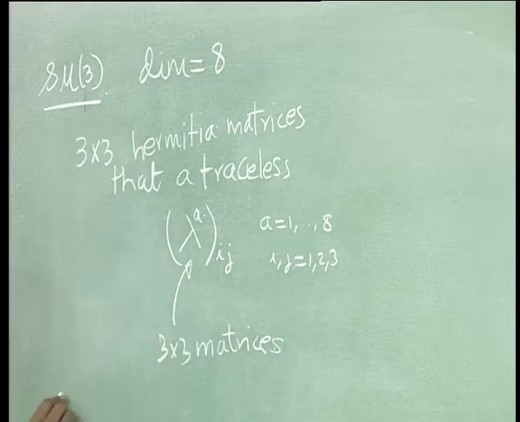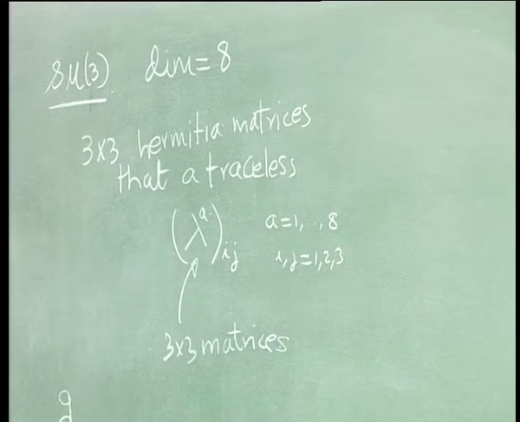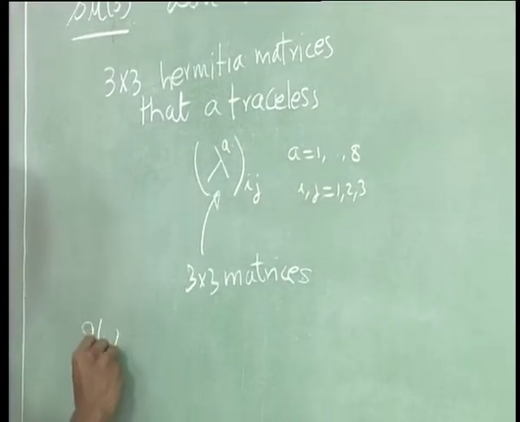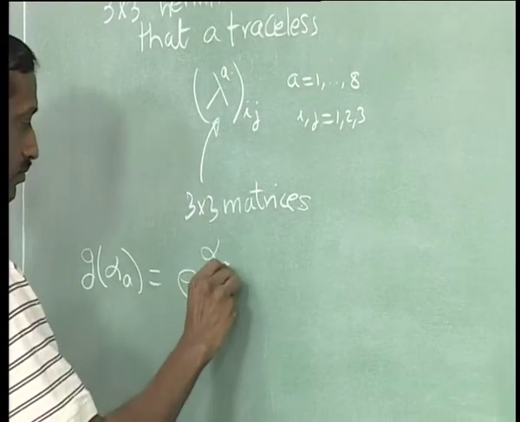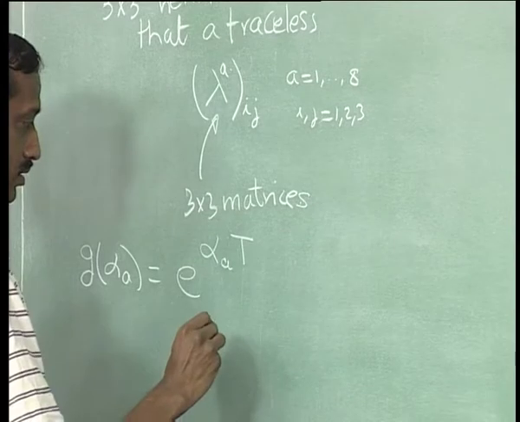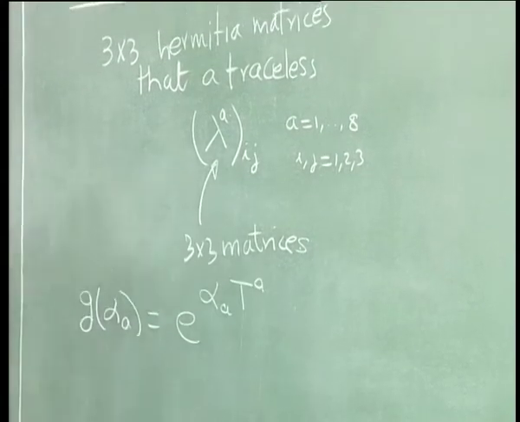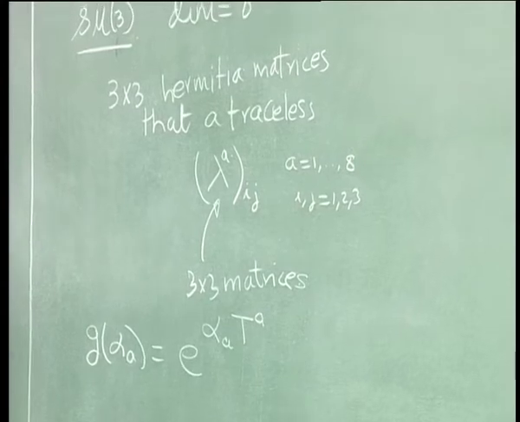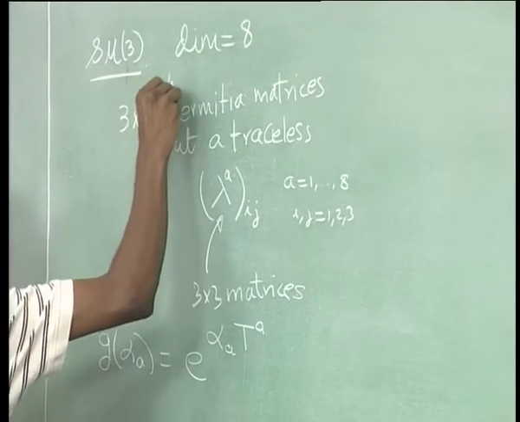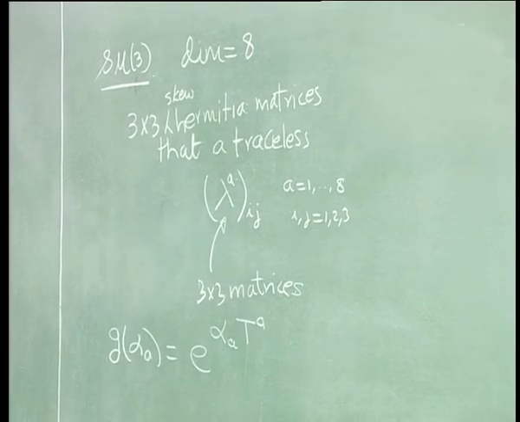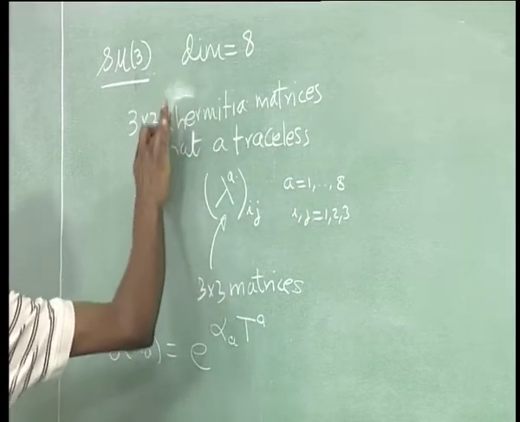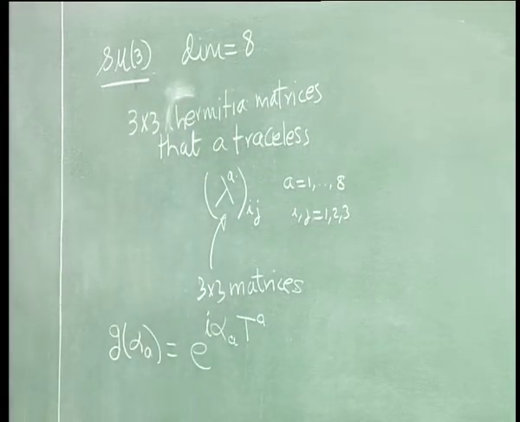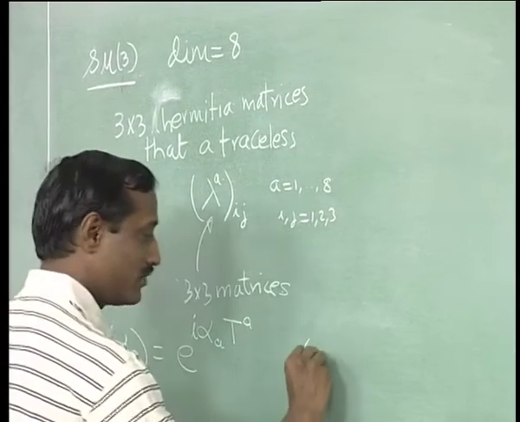So the statement would be, if you wanted to write an arbitrary SU(3) element, I should say skew Hermitian or anti-Hermitian, because I am not putting an i. Or we leave it like this, and let me stick to the physics convention now. I put an i out here. So this is the physics convention.